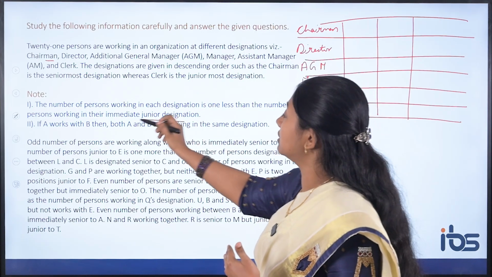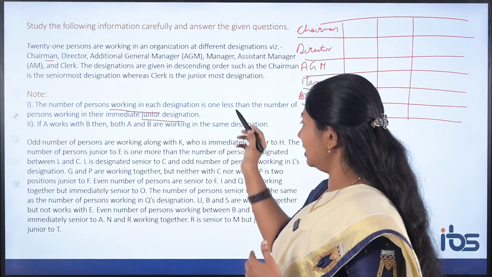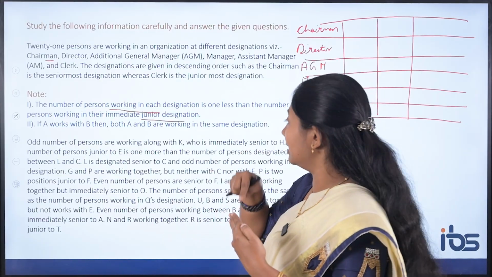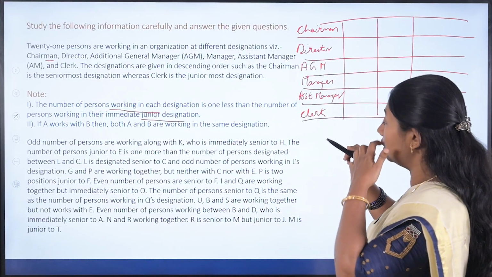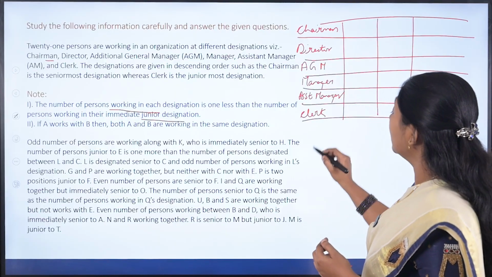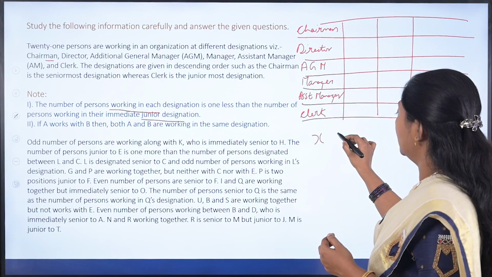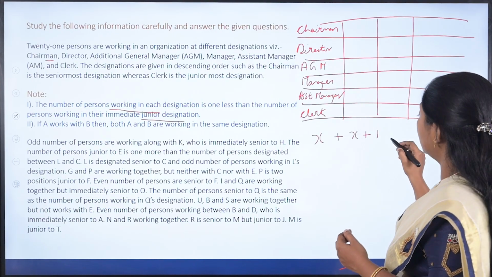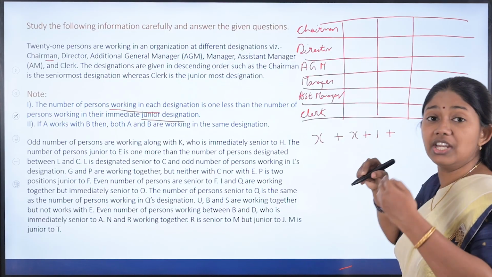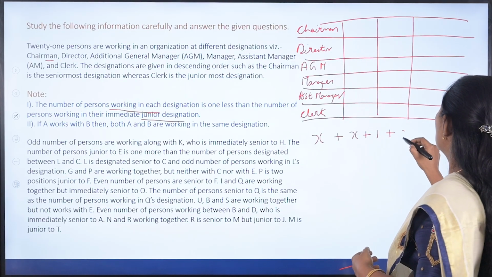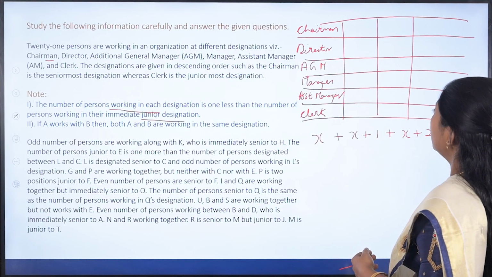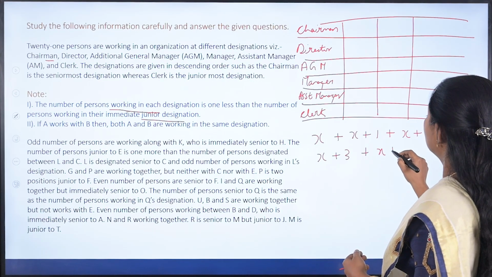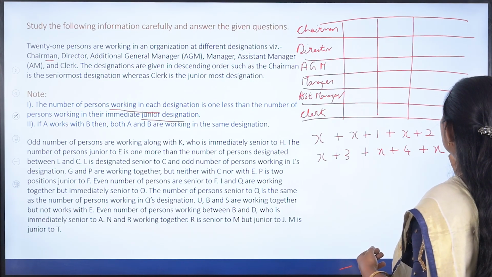In director you have X plus 1, then in AGM you will have X plus 2. In the same way, manager X plus 3, assistant manager X plus 4, and clerk X plus 5.